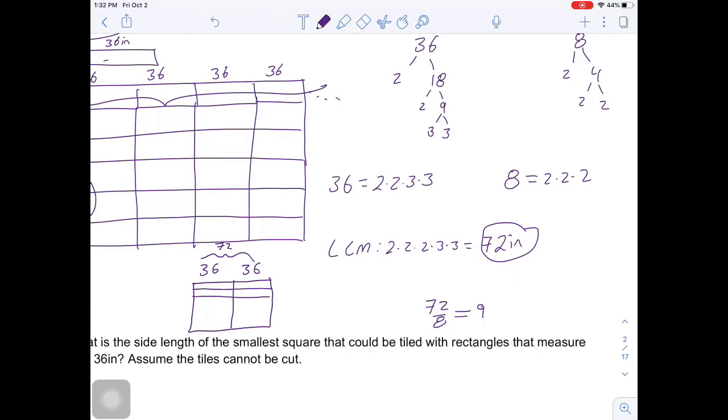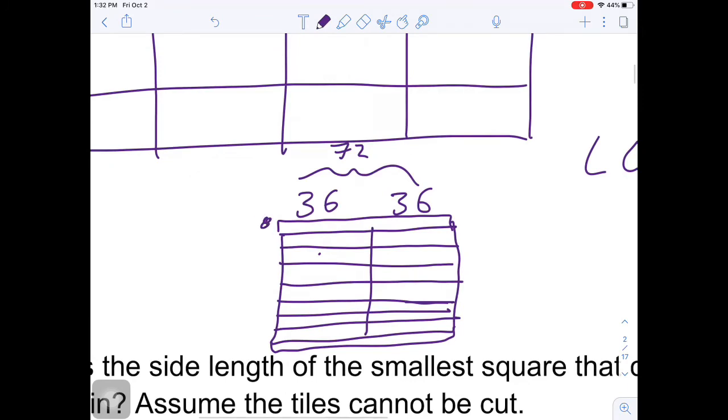1, 2, 3, 4, 5, 6, 7, 8, 9. So remember, each little piece here is 8 inches. If you add up 8 nine times, that will be 72 inches.